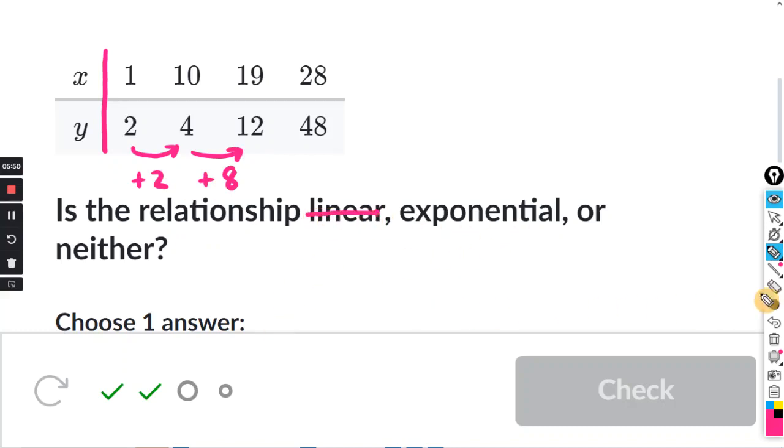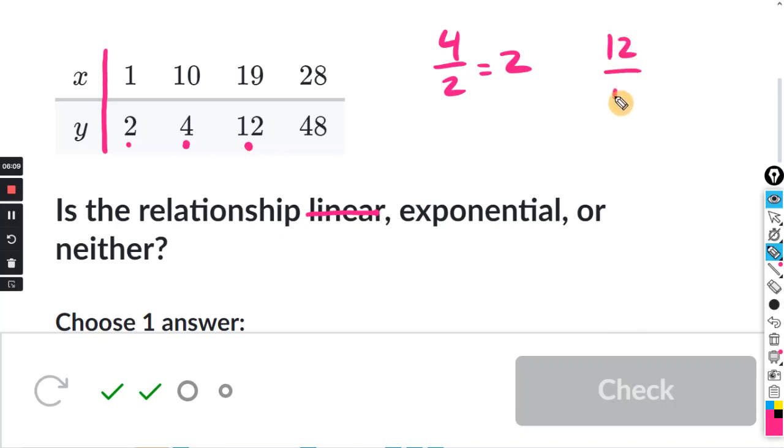Let's try exponential. 4 divided by 2, that's just 2. 12 divided by 4, that's just 3.